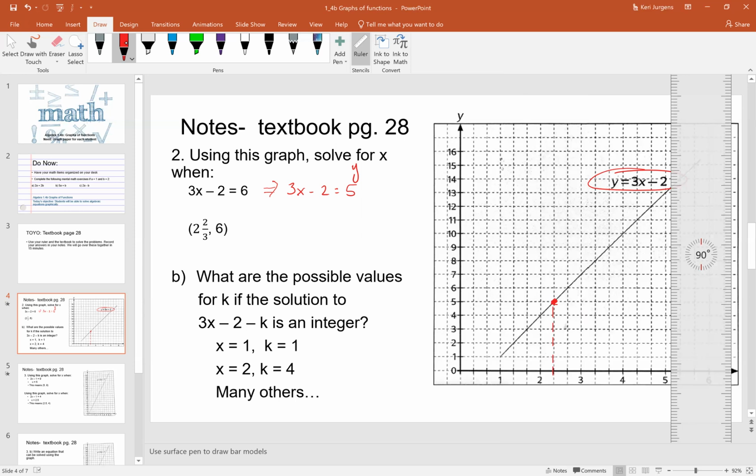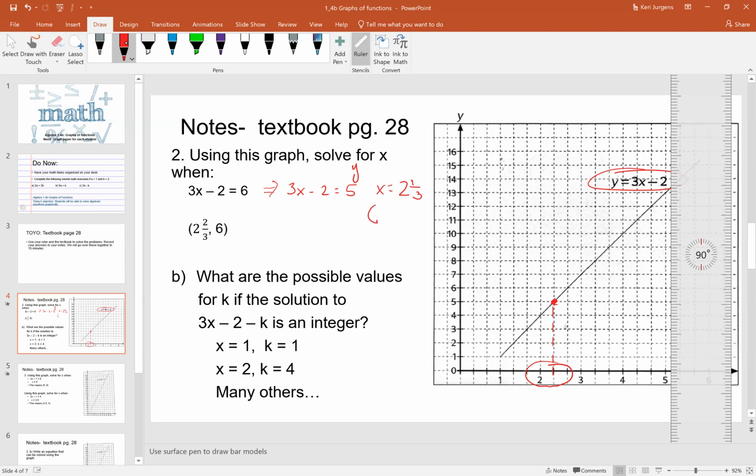Okay, so what is my x coordinate when y equals 5? It's right here. And notice I've got these divided up into thirds here. So Rajveer, what is x right there? 2 1/3. Good. So I'm going to mark 2 1/3.